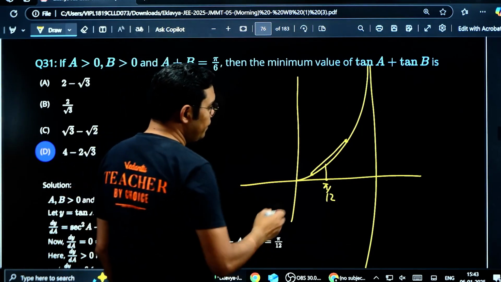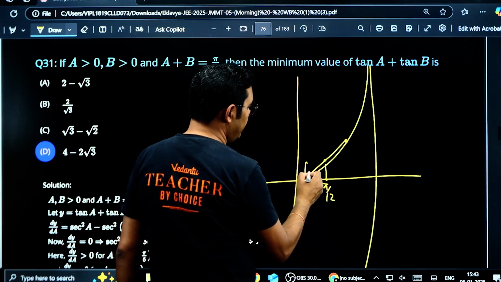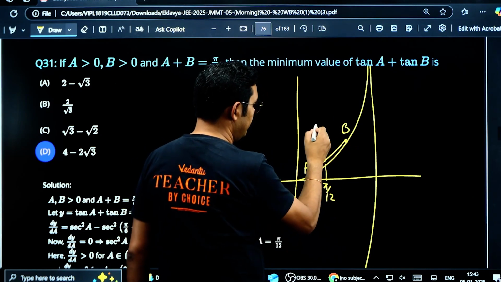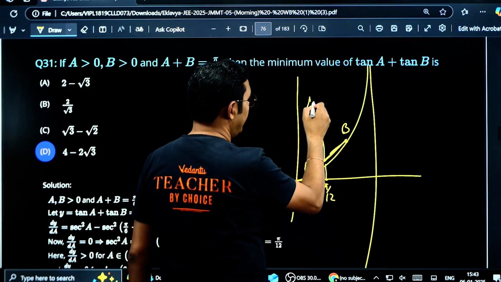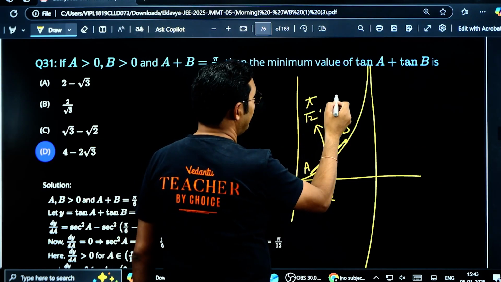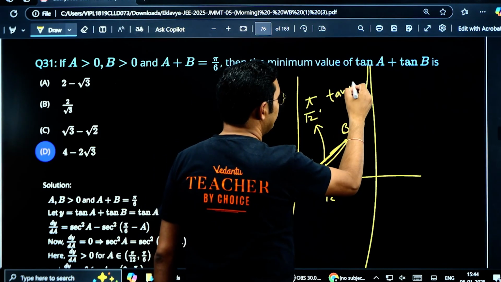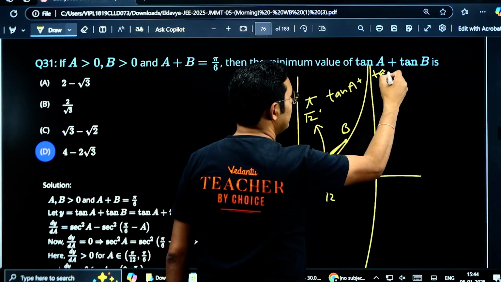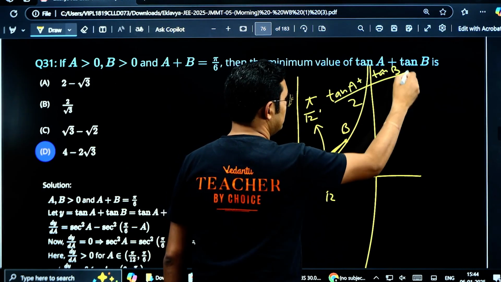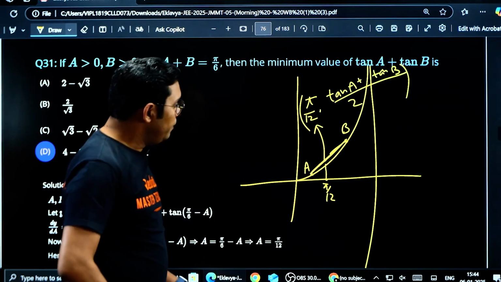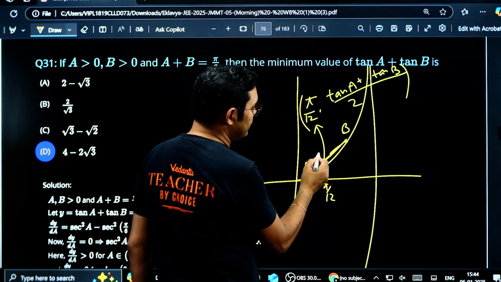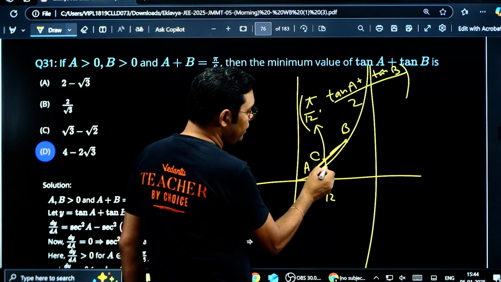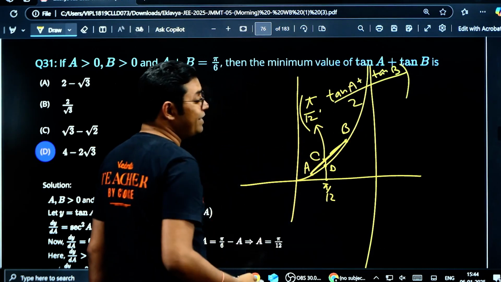Now please see, for the AB straight line, the midpoint has x coordinate pi by 12 and y coordinate (tan A plus tan B) upon 2. But if you look at the diagram, the y coordinate of this point, let us say C, has to be above the y coordinate on the graph of tan x.